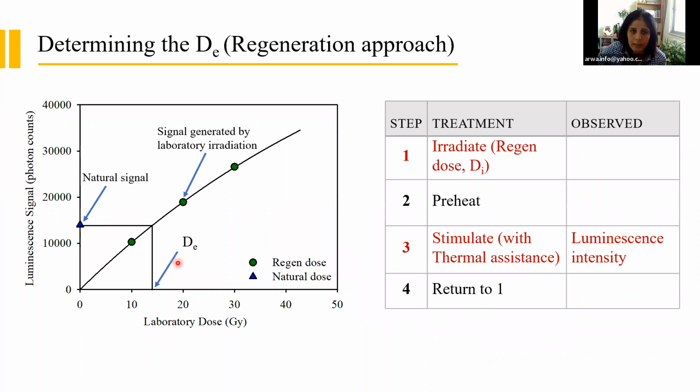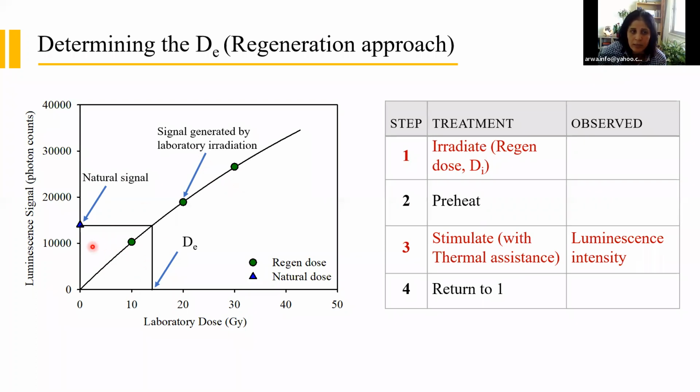To now calculate the equivalent dose, we plot what is known as the luminescence response to dose curve. This curve plots the intensity of the luminescence signal against the given dose that regenerated this luminescence signal. Like in this case, we have 3 regenerated doses, so 3 signal intensities plotted against them.